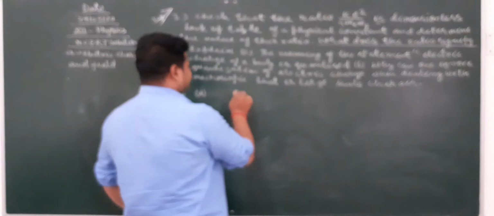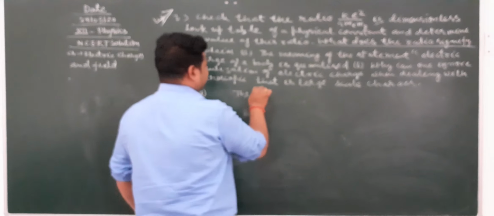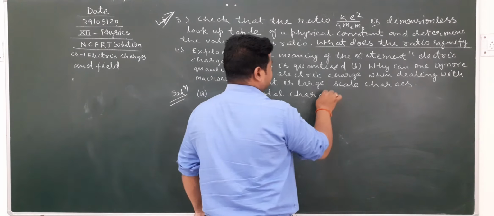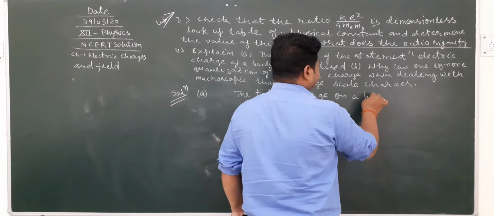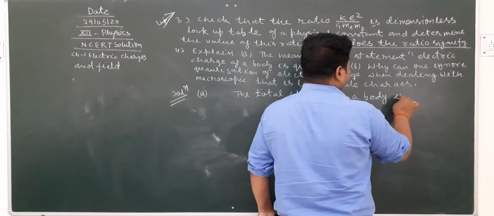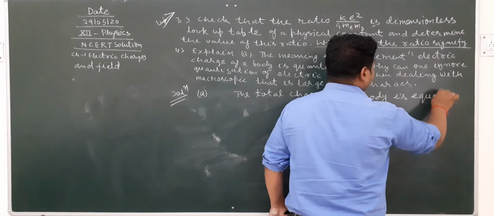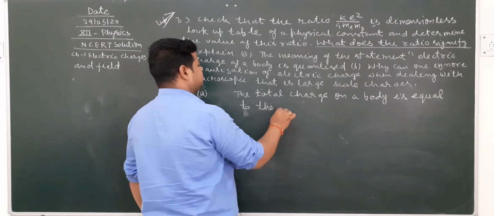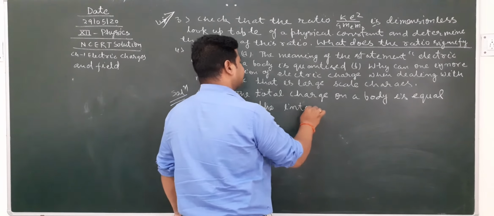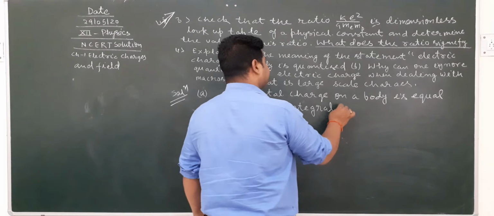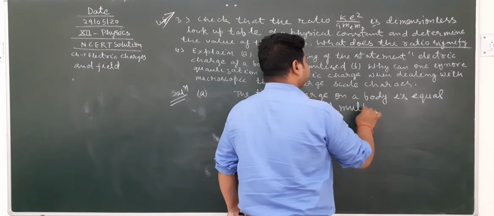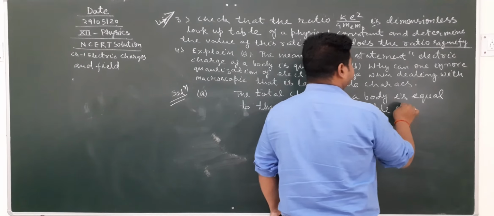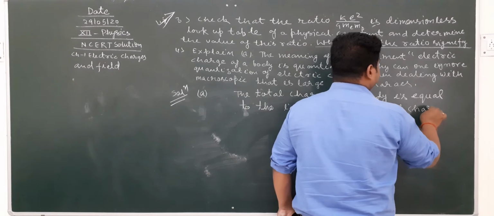So quantization of charge is that the total charge on a body is equal to an integral multiple of the charge of electron.